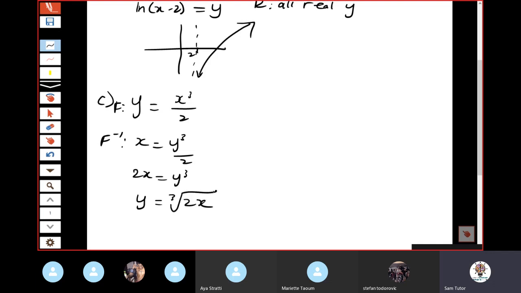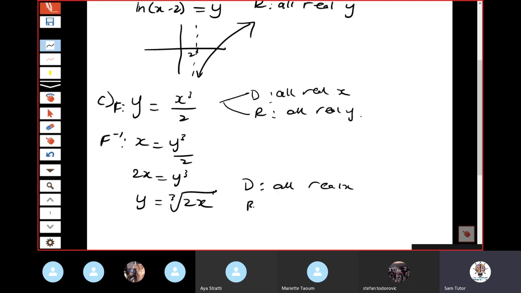So the idea is, you're not really trying to find your domain and range from your inverse. You're more trying to find your domain and range from your original function. So your domain for a cubic is all real x, range, it's all real y. So again, obviously for this one, your domain is still going to be all real x, and your range, all real y.